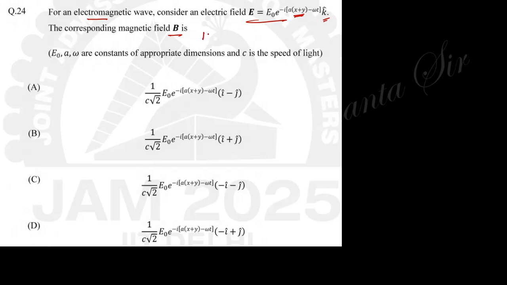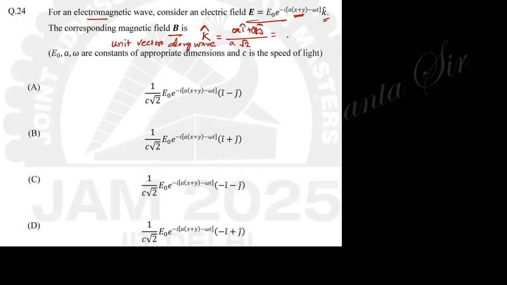The unit vector along the wave is k cap, which equals the wave vector a(x i cap plus y j cap) divided by a root 2.